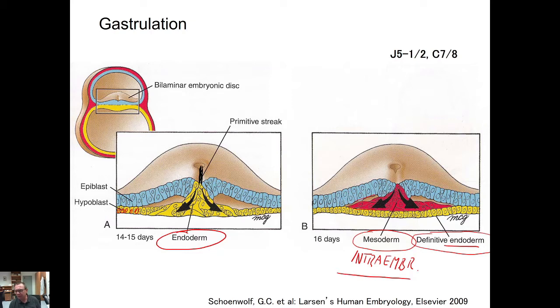Epiblast is still the same, there isn't any interchange of cells, but now at this moment we can change the name of the epiblast, and the epiblast becomes ectoderm. So trilaminar germ disc was developed, composed of ectoderm, mesoderm and endoderm.